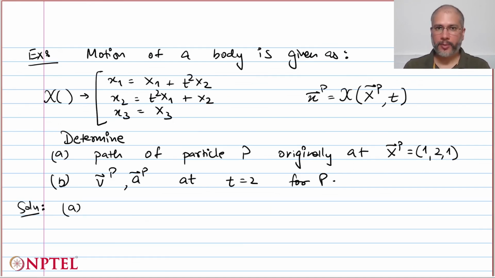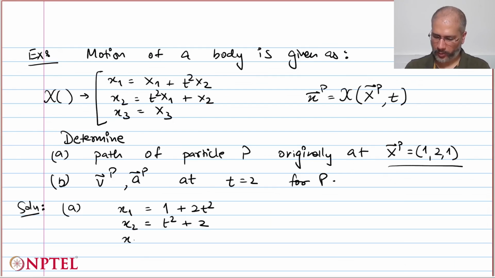In fact, since we are given the material coordinates of point P, we will substitute that in the chi function to make it simpler. So small x1, which is the first component of particle P over time, can be written as 1 plus 2t squared, and small x2 is t squared plus 2, and small x3 is simply 1.